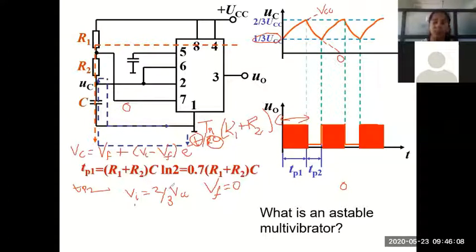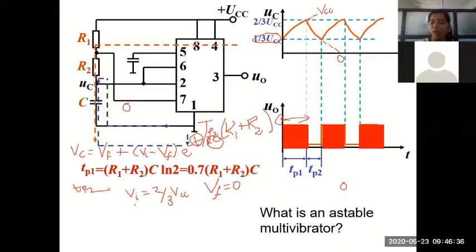You substitute these values in the standard expression for Vc, Vf plus (Vi minus Vf) into e to the power of minus t by RC. Instead of small t, I should put TP2 now.